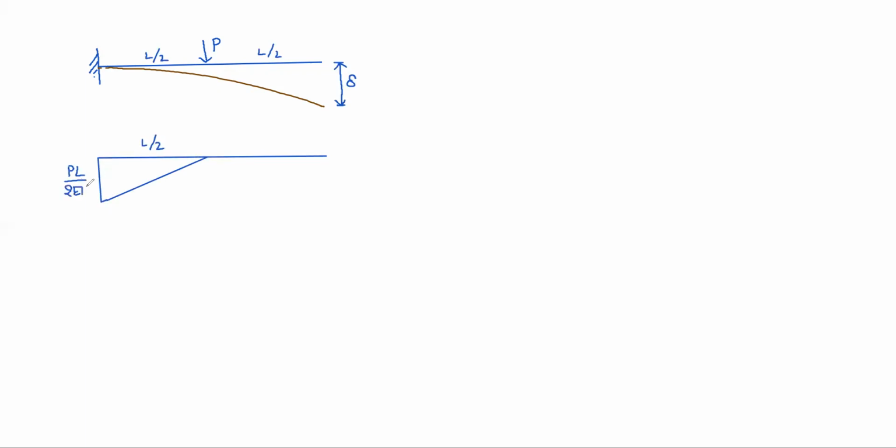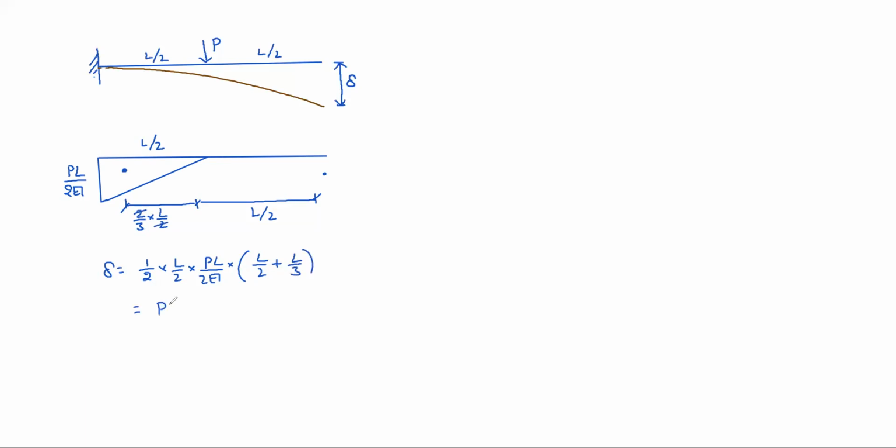This is the M by EI curvature diagram, and we need to find the distance from here to here. That is 2/3 of L by 2, and this is L by 2, L by 2. Now delta equals the area, half into L by 2 into PL by 2EI, multiplied by the centroid distance, L by 2 plus L by 3.